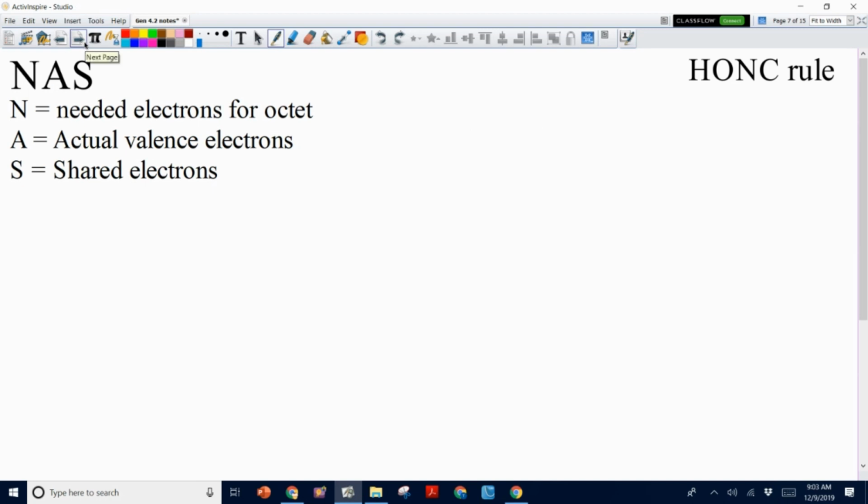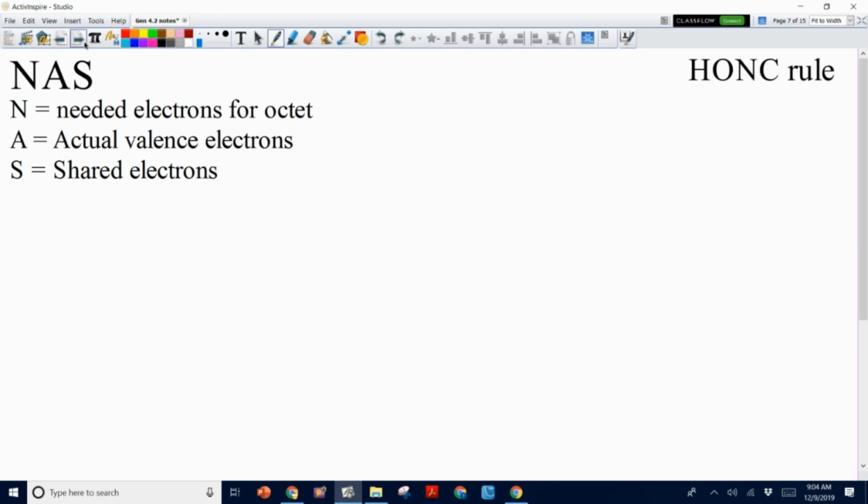All right, so we have a technique that we use to figure out geometric shapes, and that technique is called NAS, and that's an acronym. N stands for the needed electrons for an octet, for that element to have a full valence shell. For every element on the periodic table, that's going to be 8.